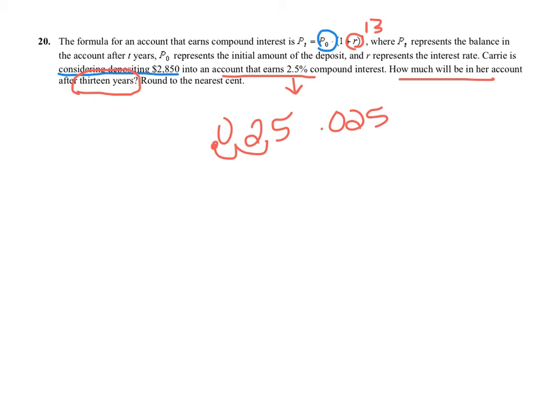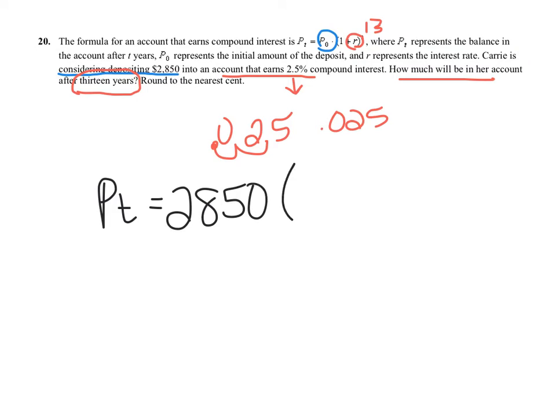So filling everything in, we've got P t equals our initial deposit, $2,850, parentheses, 1 plus 0.025, parentheses closed, raised to the 13.